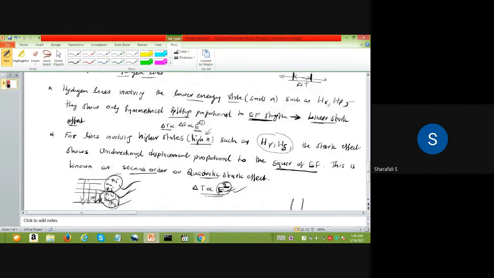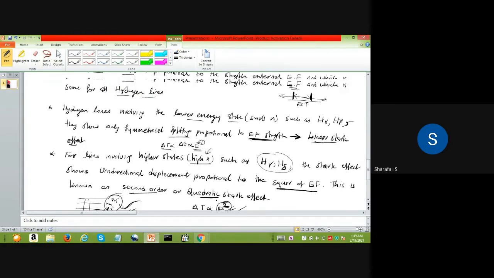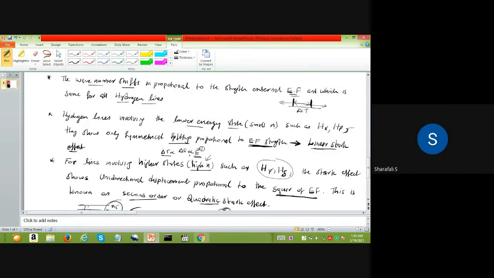Now we'll look more deeply into the Stark effect, what is happening inside these energy levels when we apply the electric field, how the energy level splits, and what exactly the first order and second order Stark shift is. Also the weak field Stark effect as well as the strong field Stark effect. All those things we will discuss next.